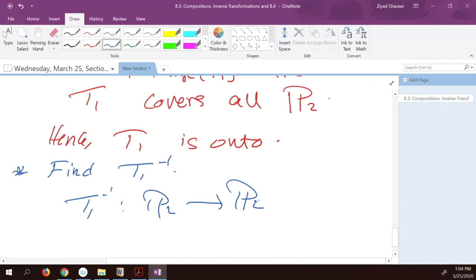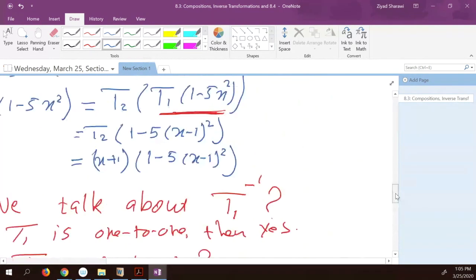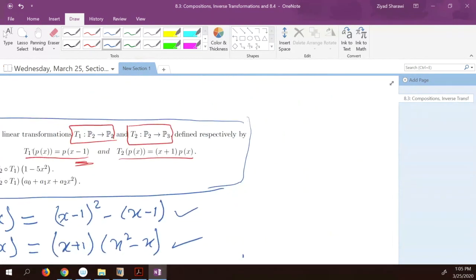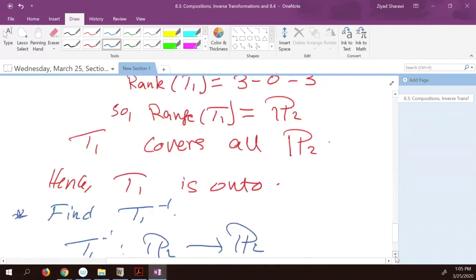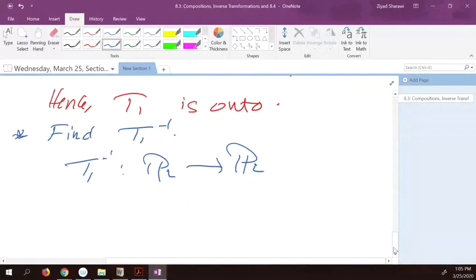What's the formula of T1 inverse? If you go to T1 here, here is T1. Again, here is T1. What is the formula for T1 inverse? T1 inverse of Q(x) is going to be what?